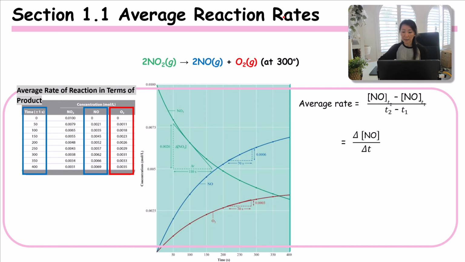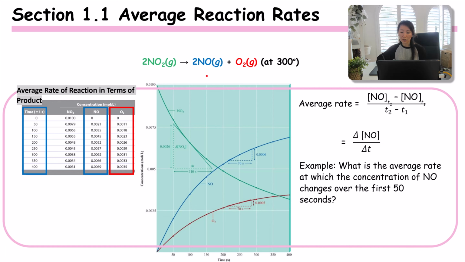If I were to do an example of this, what is the average rate at which the concentration of the nitrogen monoxide changes over the first 50 seconds? Again, my T2 would be 50. My T1 would be 0 seconds. My ending concentration at T2 shows 0.0021.